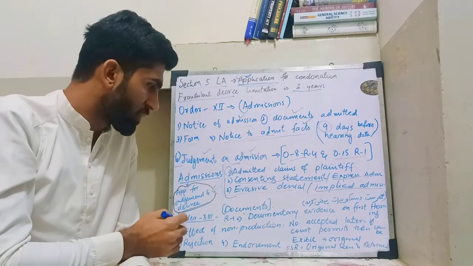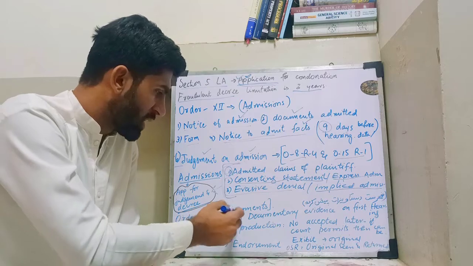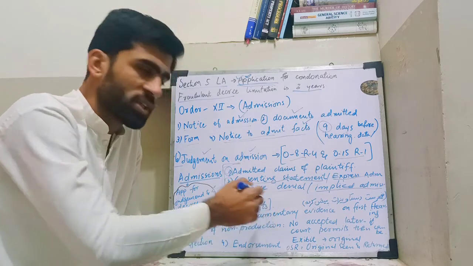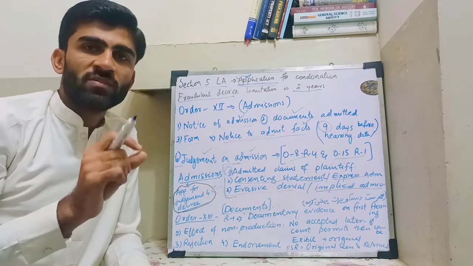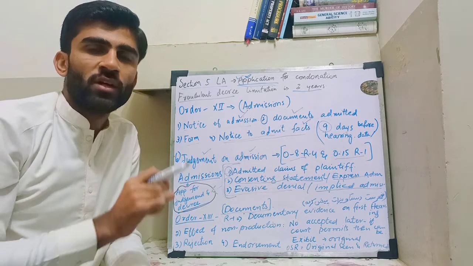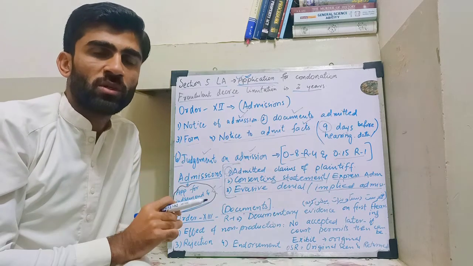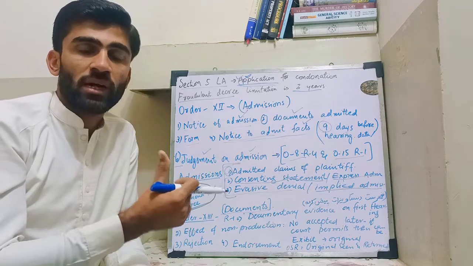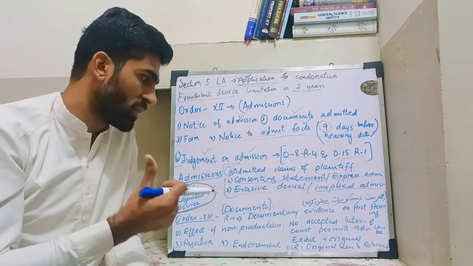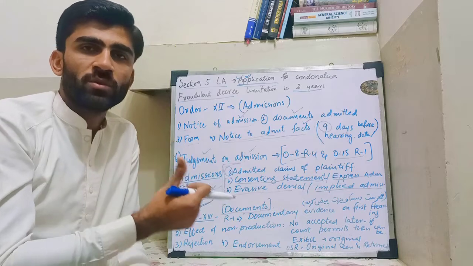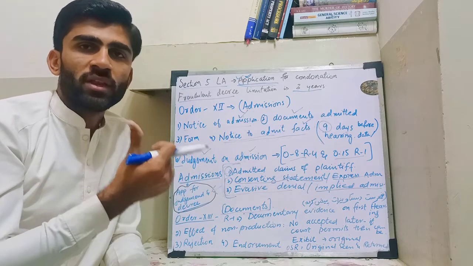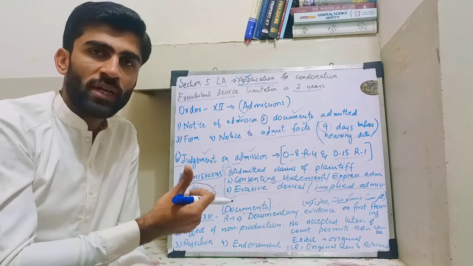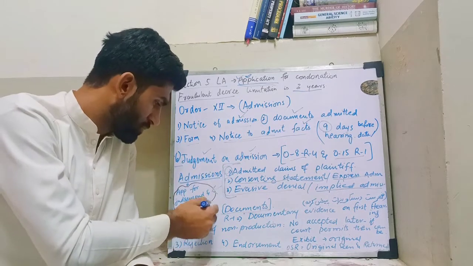After that, there is Order 13, which is production of documents and return of the documents. First you will produce the documents in the court, then the court, after exhibiting those documents, will return your documents. The documents will be returned to the owner under Rule 9 of Order 13.